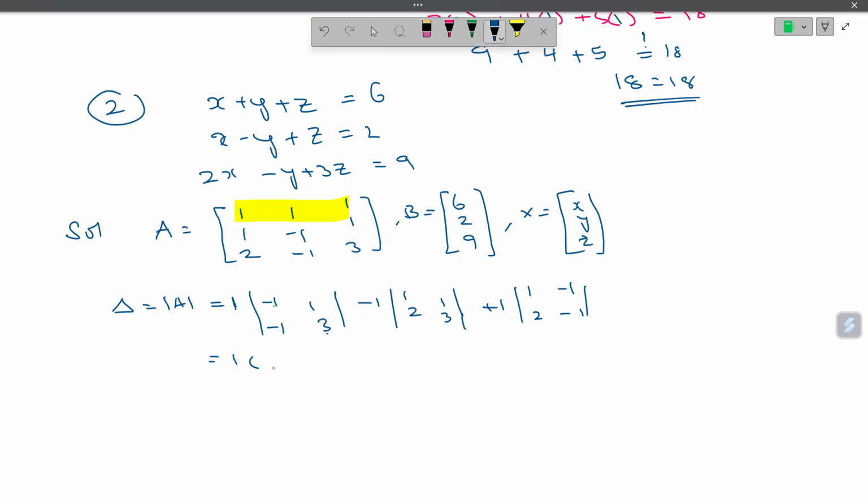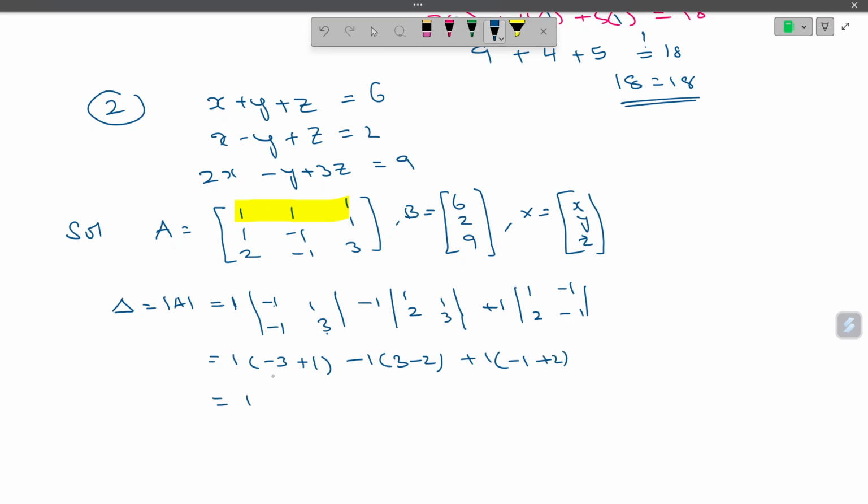Minus 1 into 3, minus 3, formula minus, minus 1 times minus 1 is plus 1, so minus 1. Already minus, so minus times minus is plus. 1 times 3 is 3, 3 minus 2, 1 times 2 is 2. 1 times minus 1 is minus 1, formula minus, 2 times minus 1 is plus 2.